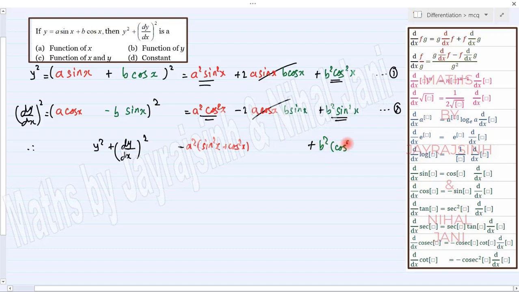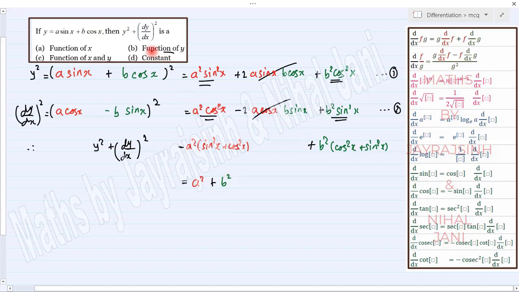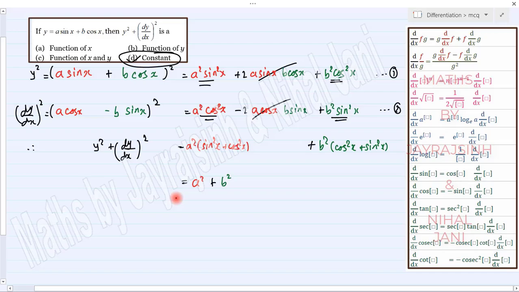So we will get cos square x plus sin square x. So finally we will get a square plus b square, which is purely a constant term. So option D is your final answer. Ta-da!